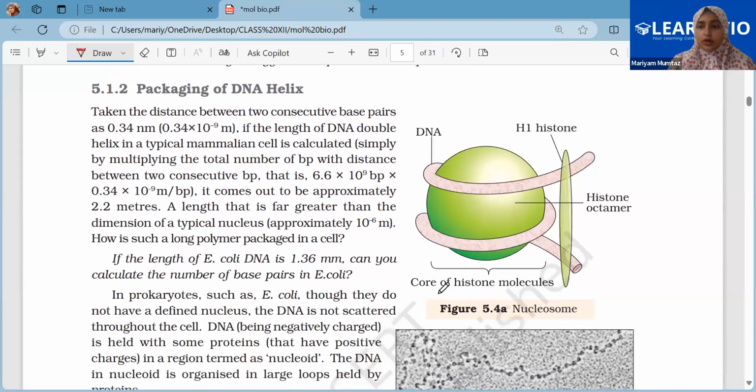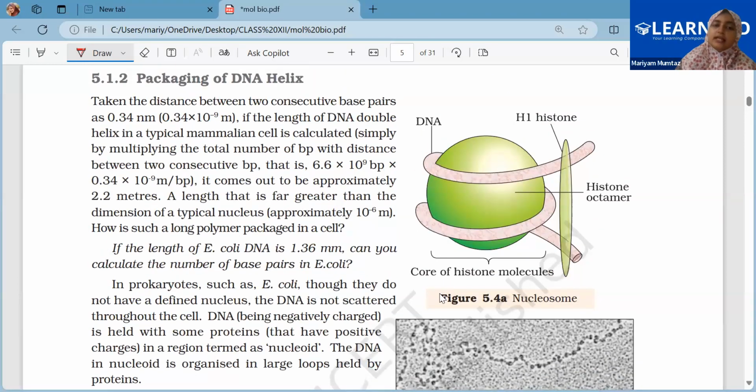All right, now we'll talk about the packaging of the DNA helix. Take the distance between two consecutive base pairs as 0.34 nanometer. If the length of the DNA double helix in a typical mammalian cell is calculated simply by multiplying the total number of base pairs with the distance between two consecutive base pairs, it comes out to be approximately 2.2 meters.